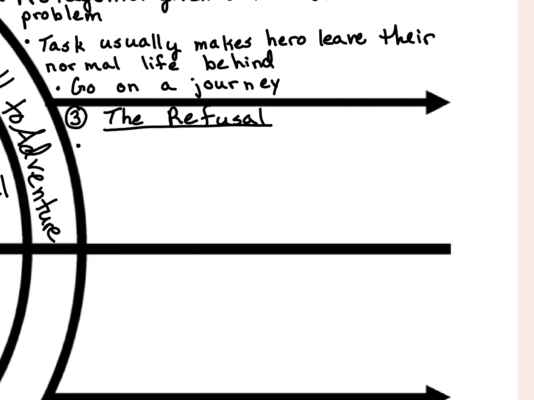Harry Potter tells Hagrid, "I think you might have gotten it wrong. There's no way that I, little old Harry that gets beat up on all the time, there is no way that I can be a wizard." So there is a point here where the hero does not accept their task.